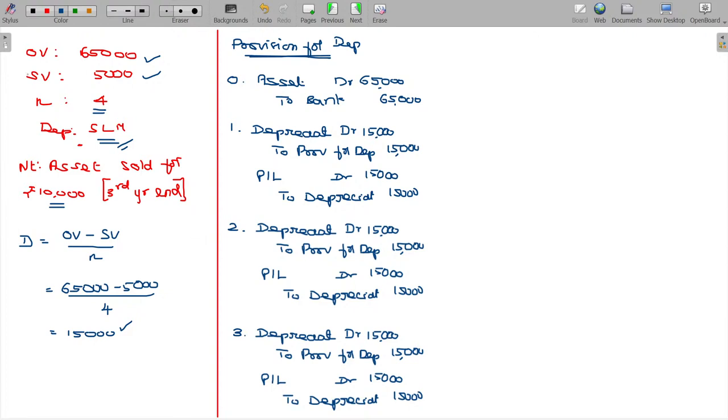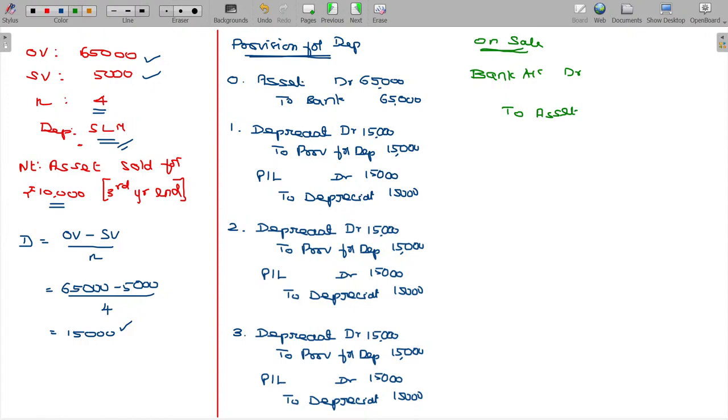Now the asset is going to be sold, am I right? On sale, what happens here? You get the money, bank account debit, to asset account.